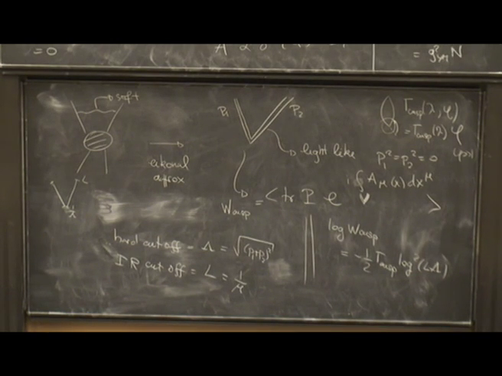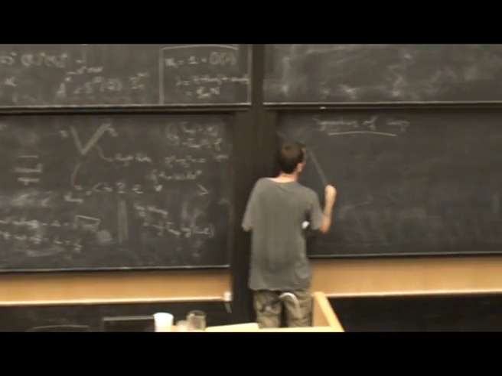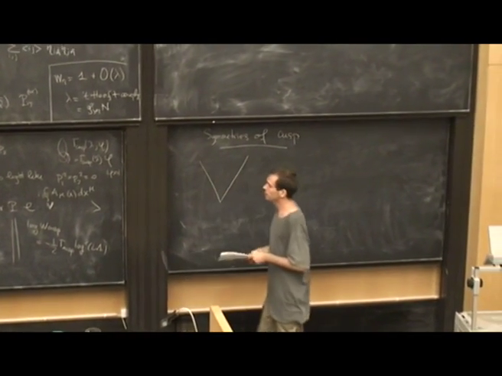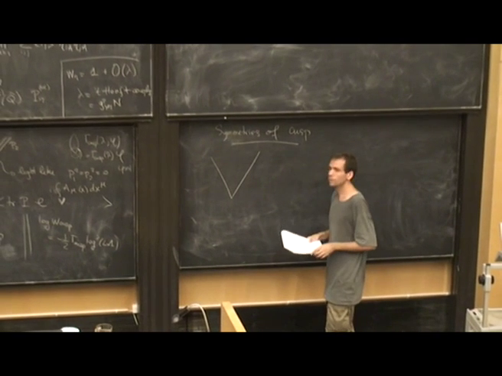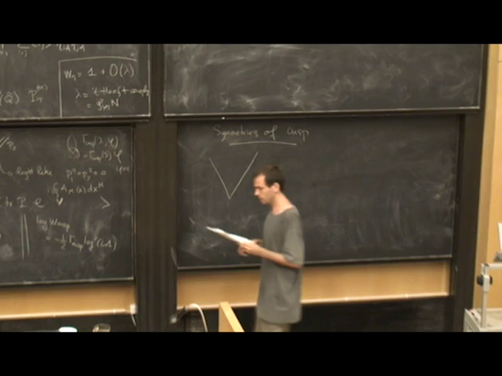If we use this Wilson-Wood picture, which is related to the symmetries of our cusp. So can somebody tell me what are the symmetries of this cusp? No, still need some time to wake up.